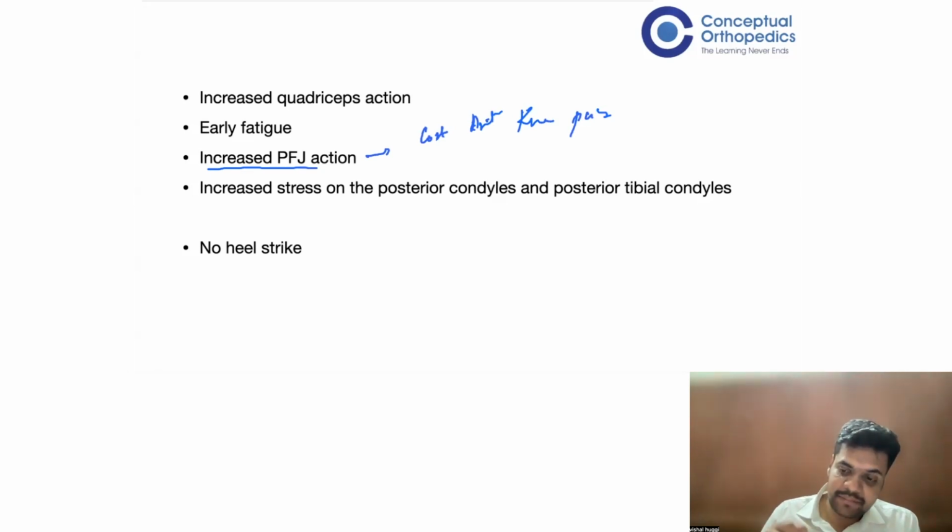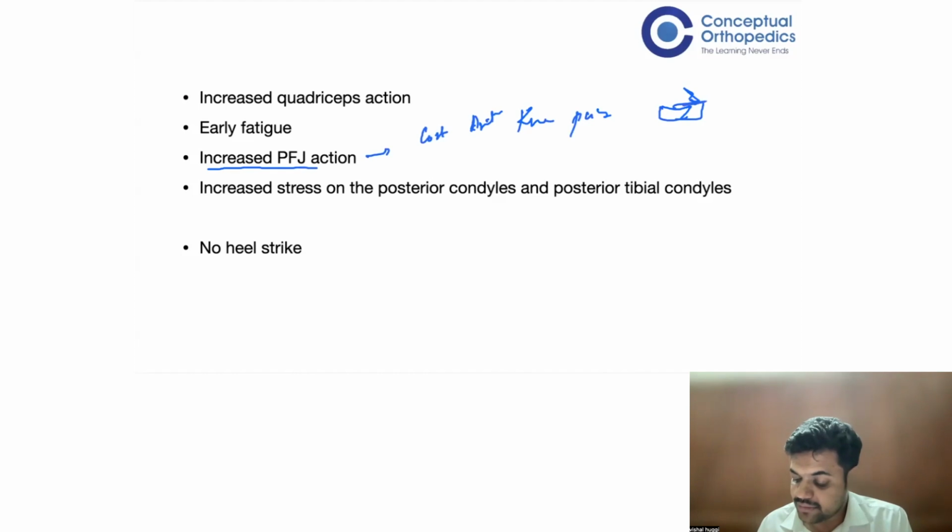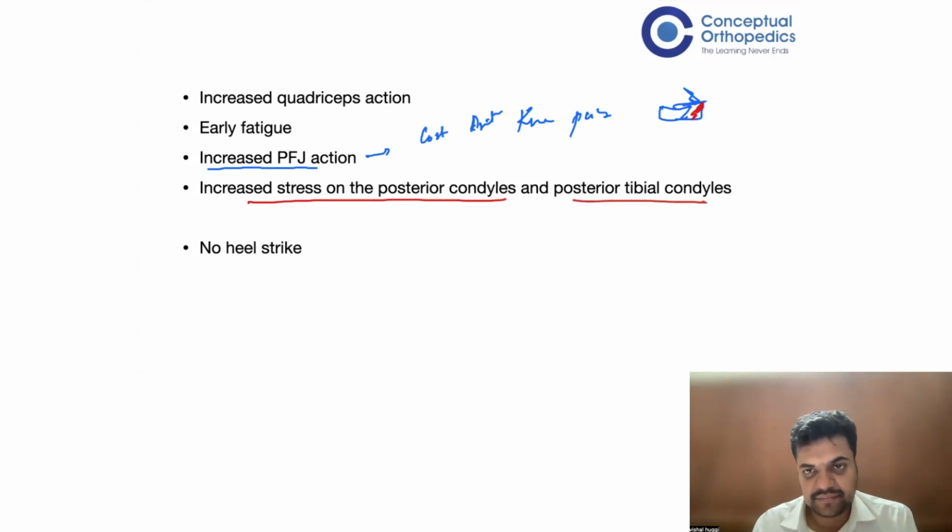Sometimes the patella will be hitching onto your poly insert, onto the poly liner of the tibial tray. Sometimes there is increased stress on the posterior condyles of the femur and the posterior part of the tibial condyles.